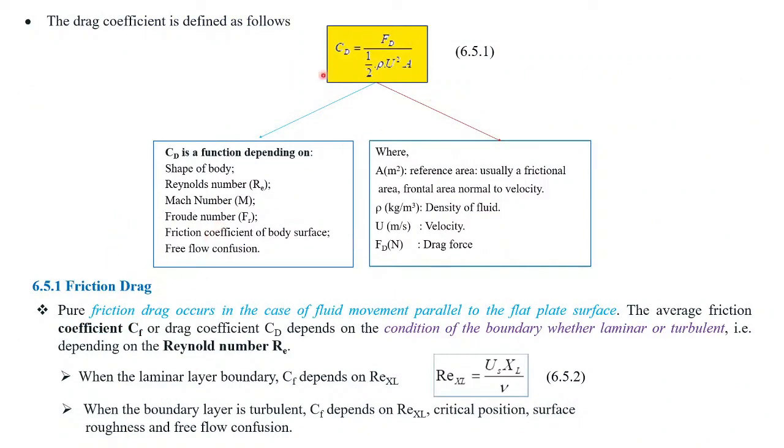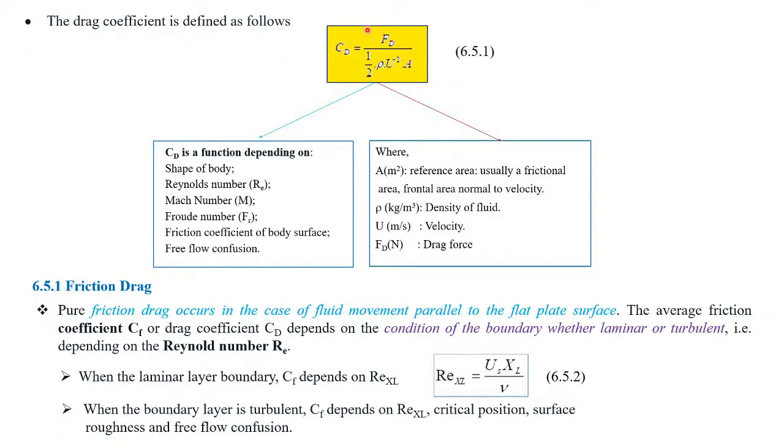So you have to remember this one, because in the final exam we have a problem, and in this problem you use this formula to solve the problem. Drag coefficient is defined as follows.